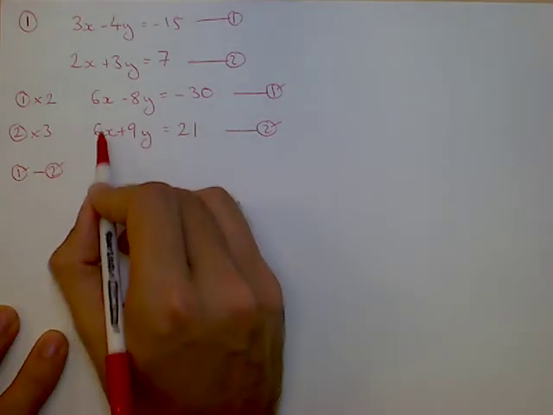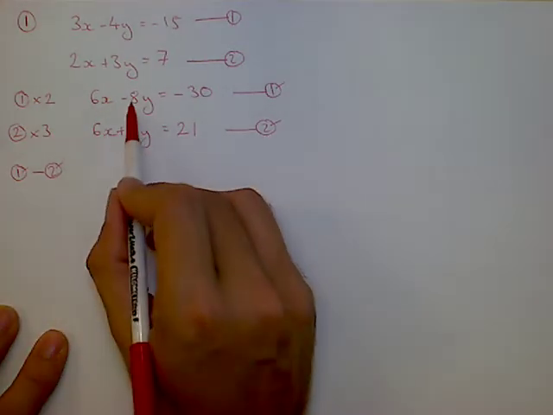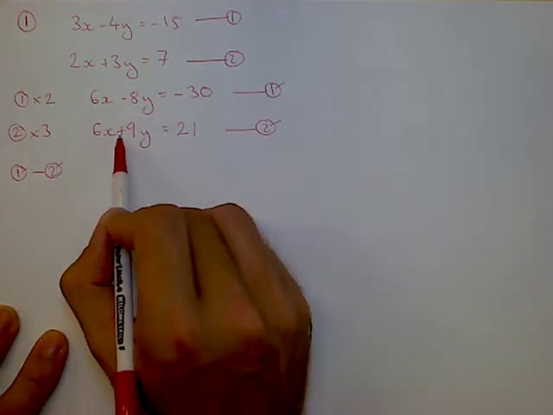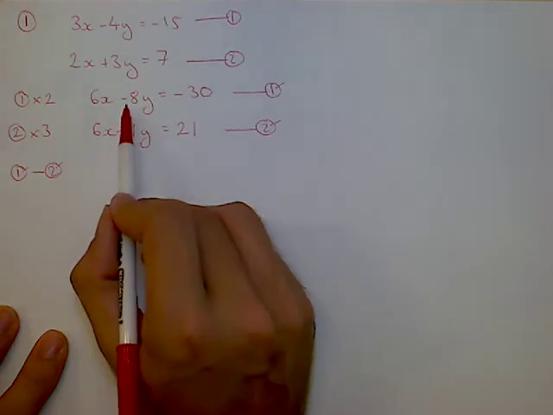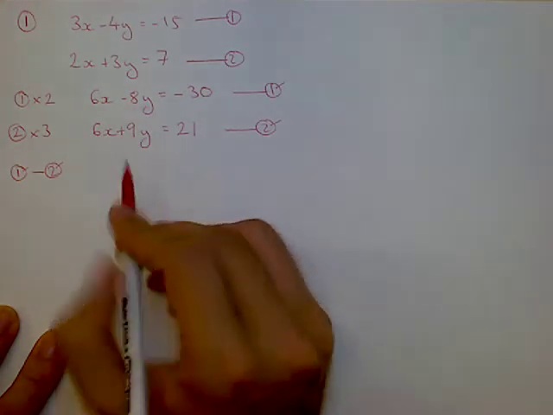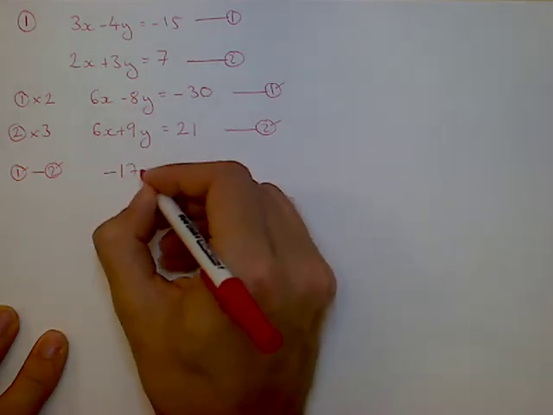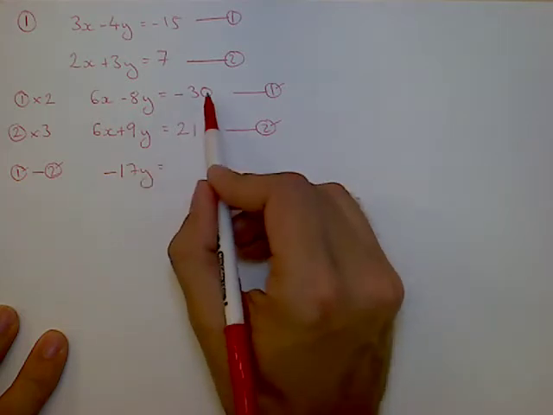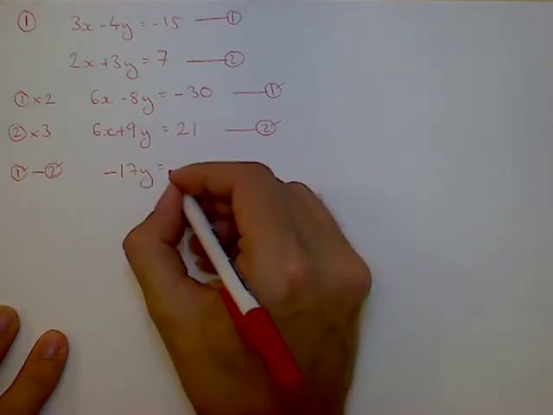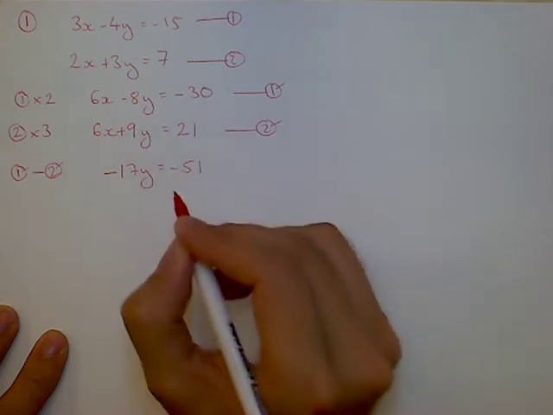So 6x take away 6x is nothing. Minus 8y take away positive 9y is going to be minus 17y, and then minus 30 take away 21, which is minus 51.